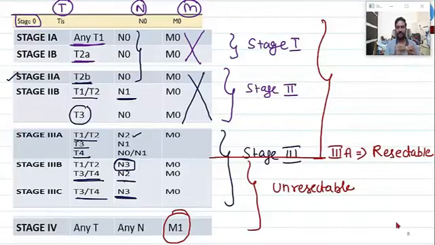So this completes the TNM staging, and for your exam they will ask you the T important. What is T1? What is T2? What is T3? What is T4? And they can also ask you what is N1, N2, N3, and they may ask you up to stage 2. More than that, it is very difficult to stage even for a postgraduate.